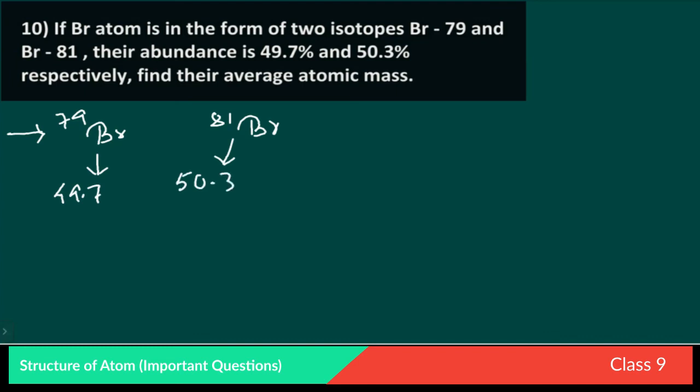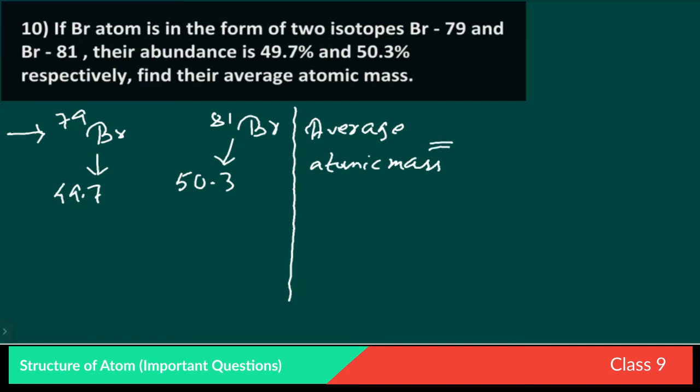Now you have to find the average atomic mass of bromine. For finding the average atomic mass, you have to multiply the mass number with their respective natural abundance.